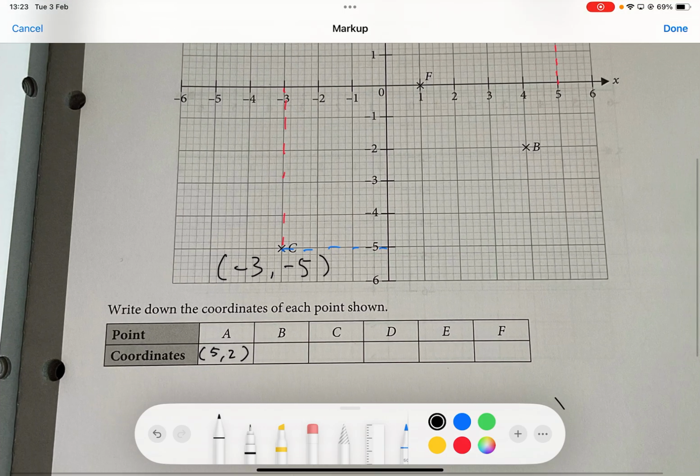So for C, I want to find point C, I will go to the left 3 units, then go down 5 units. Then I can find C already. So C is (-3, -5). Okay? You all try to fill in B, D, E, F.